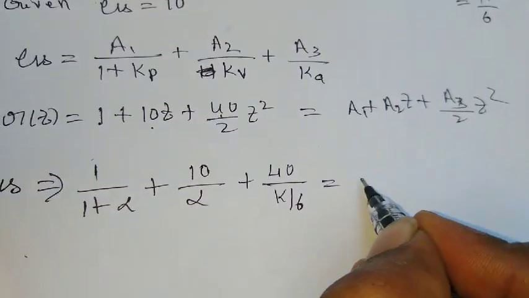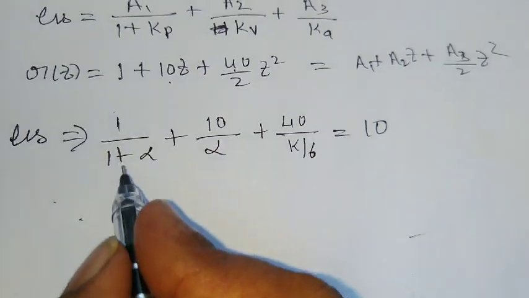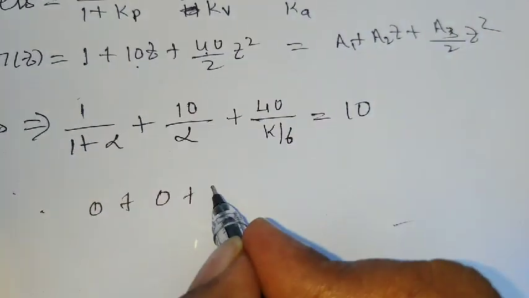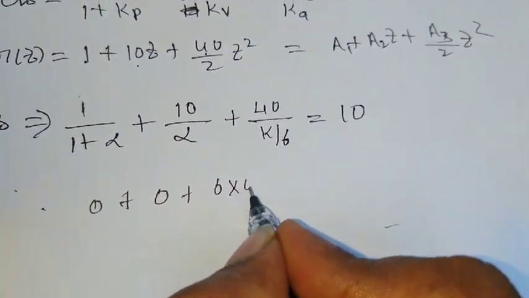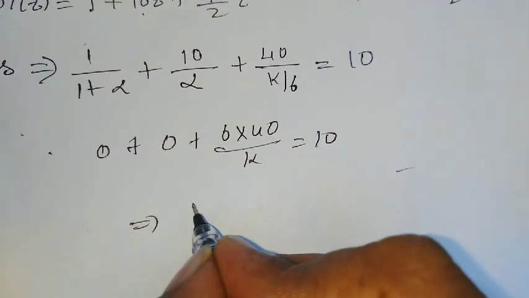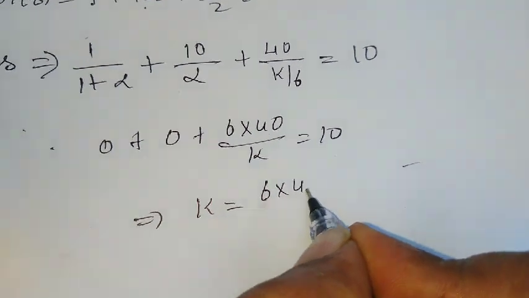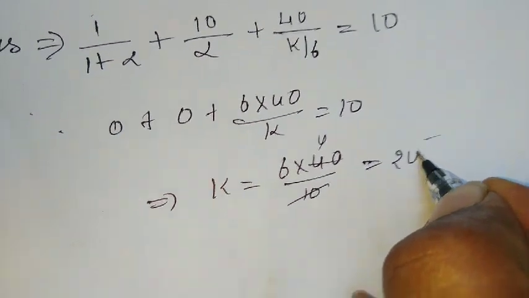This equals 10. Since 1 by infinity is 0, this is also 0. Now this is 40 into 6 divided by K, which equals 10. From this, K is equal to 6 into 40 divided by 10, which is 24.